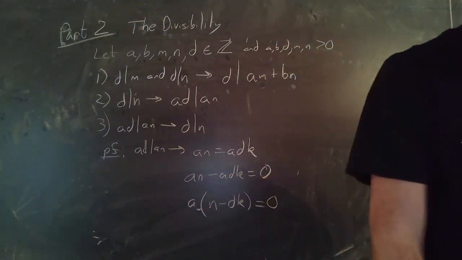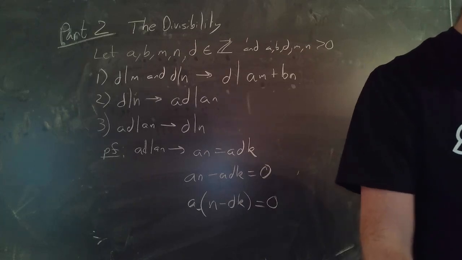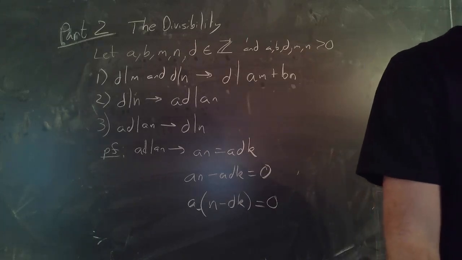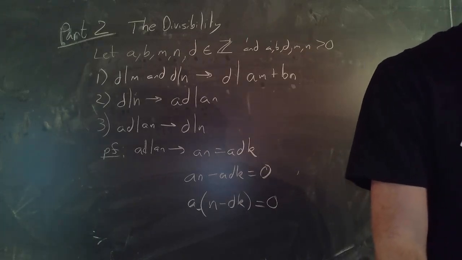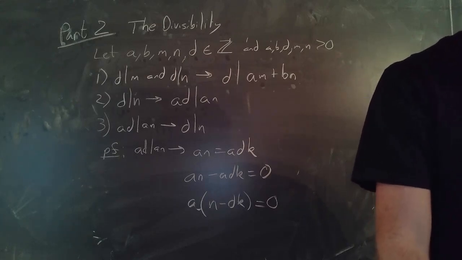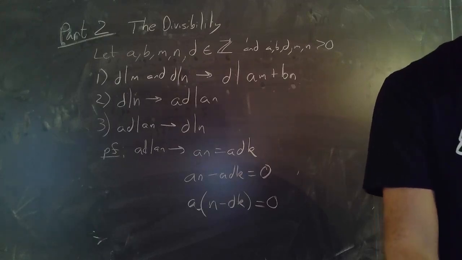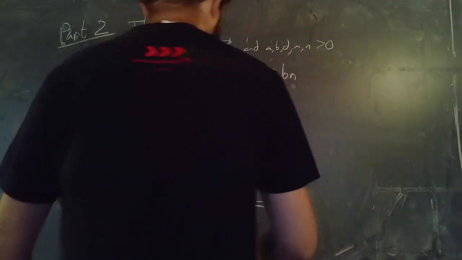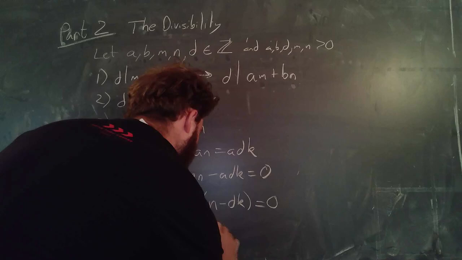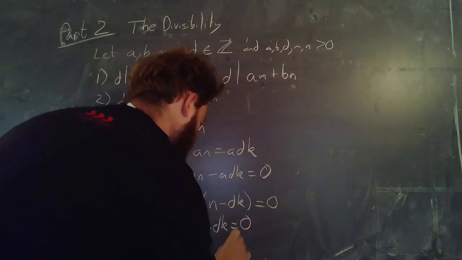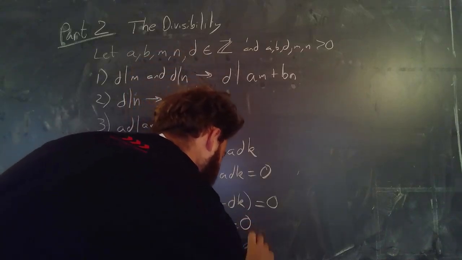Notice here that since a cannot equal 0, since we're using a as some sort of scale factor, what that means is that n minus kd must be the portion of this expression that equals 0. So we can just consider that part, n minus dk equal to 0, which is that n equals dk.